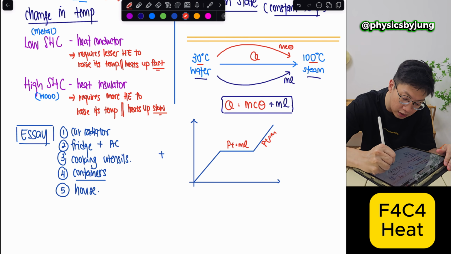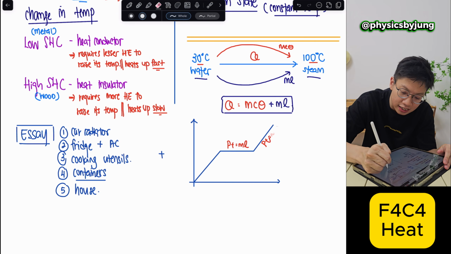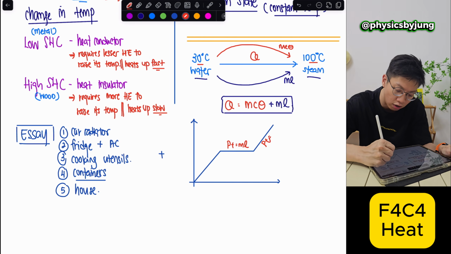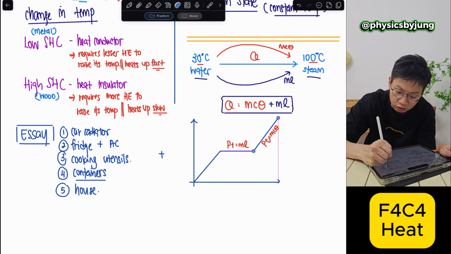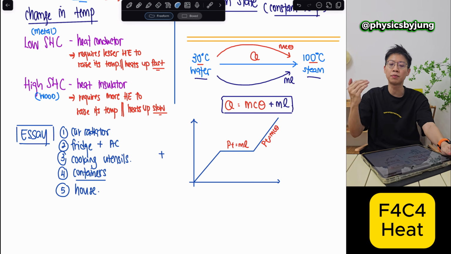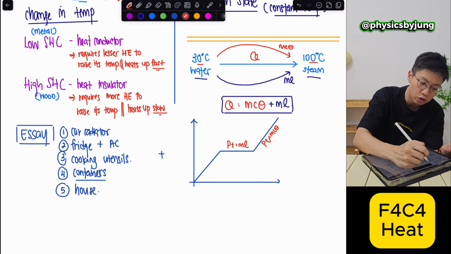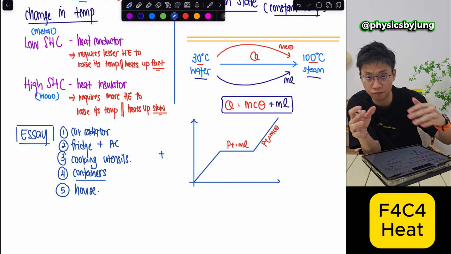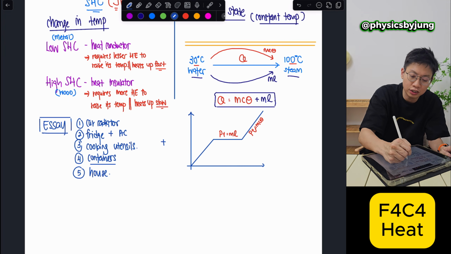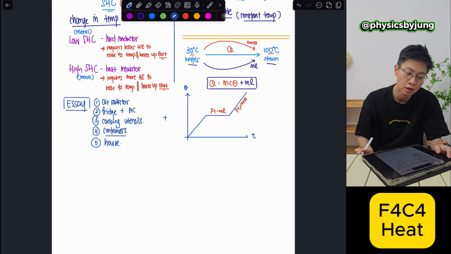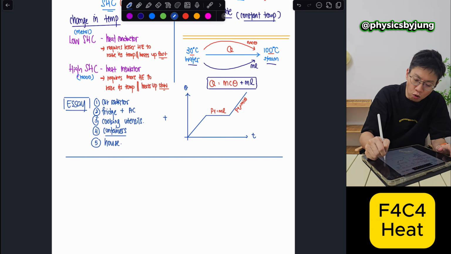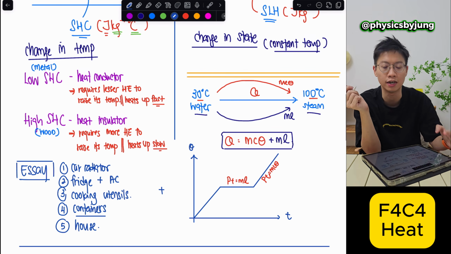Here we'll do Pt = mc theta, because that's where your change in temperature happens. So depending on which stage, which part, what do you need to do? Make sure you know how to do this. Usually this is theta against t, temperature against time. This is the heat question.